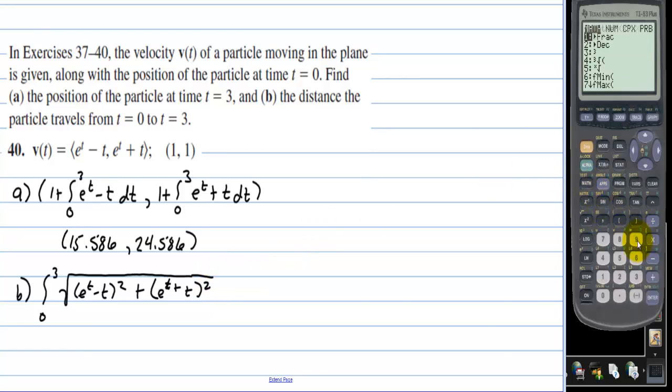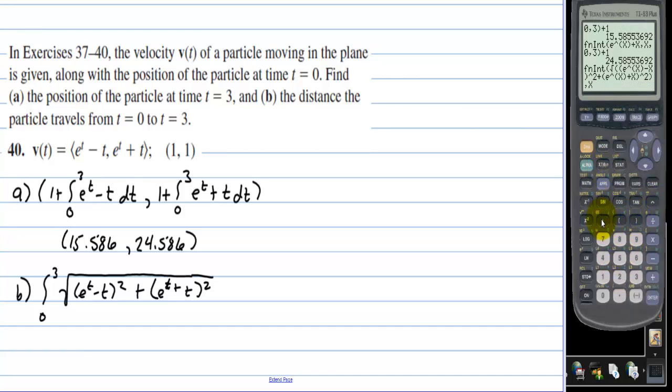So we go to our calculator, math number 9, and we have the square root of e to the t minus t, squared, plus e to the t plus t, and let's close that, and that squared.